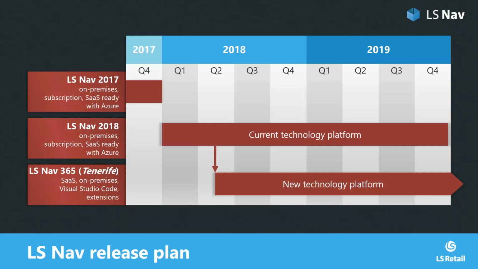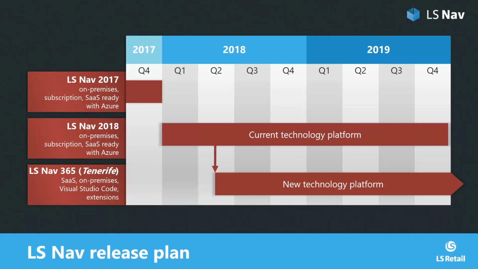In spring, we'll take a copy of 2018 over to 365, which is an environment that is developed for the cloud. So that's a cloud solution, but it is also available on-premise. So we'll have a solution developed for the cloud and for the future, but that can still do the same business you do today.